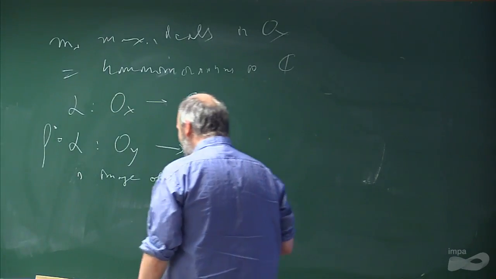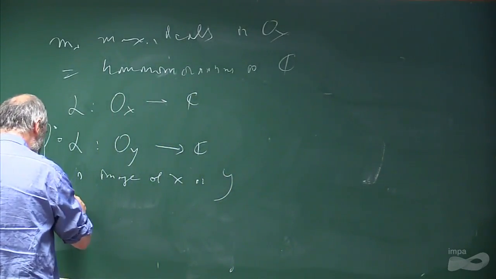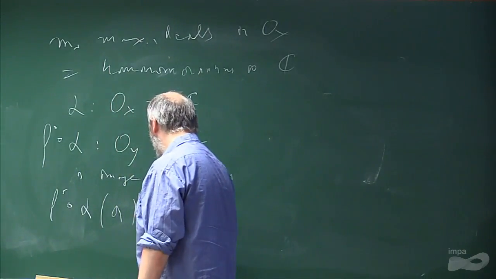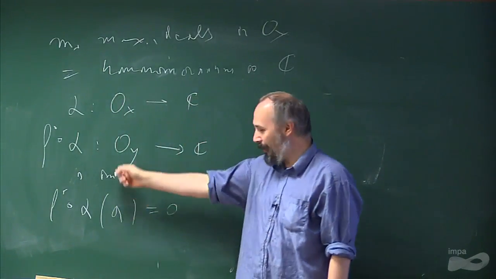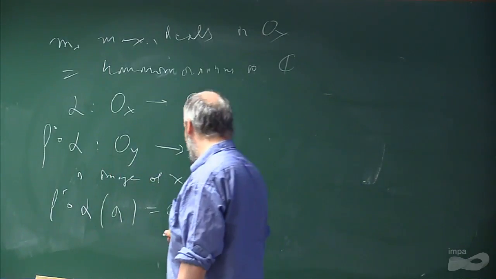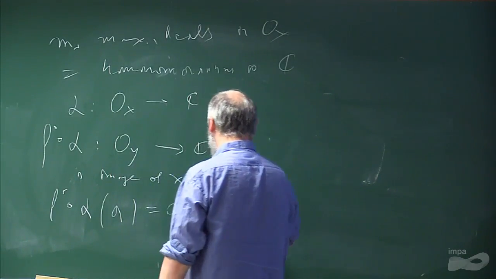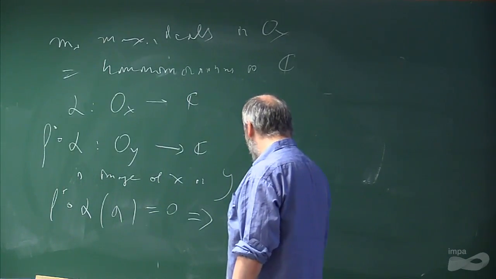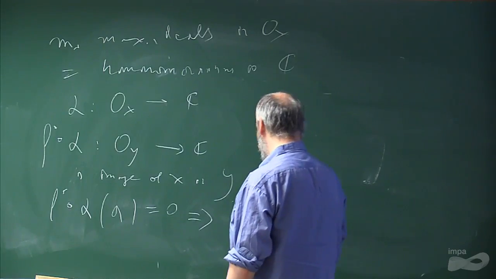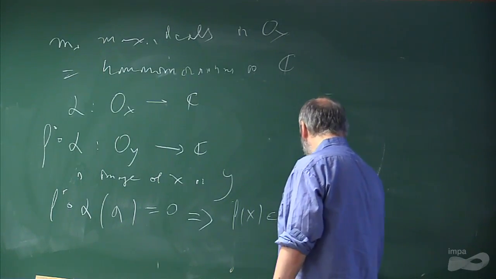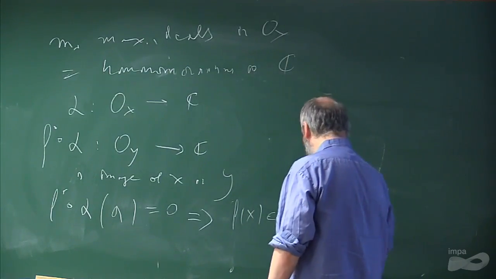But then alpha composed with f star applied to A is equal to 0, because f star of A is equal to 0. This implies that f of the point x belongs to the zero set of A.